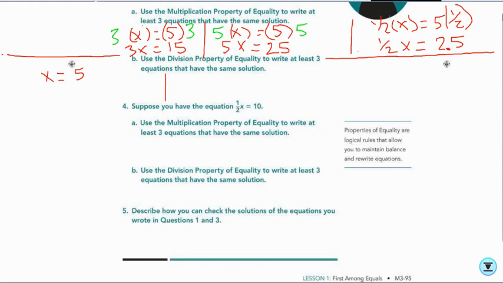So if I divide it by 2 on both sides, this is going to give me x over 2 equals 2.5. Notice that it's the same as our problem up here, because dividing by 2 is the same as multiplying times 1/2.